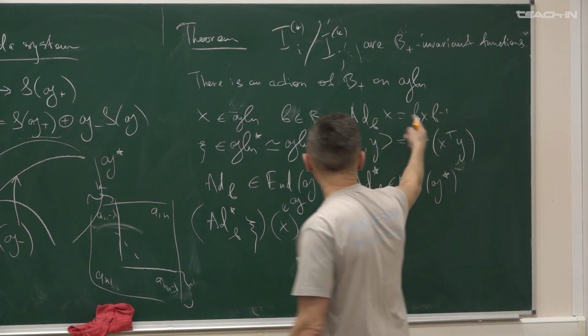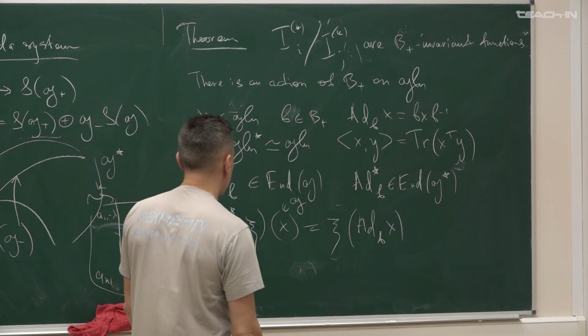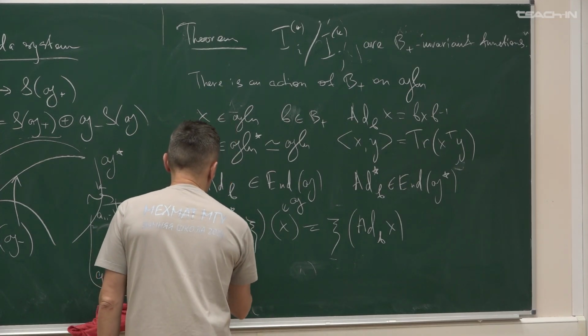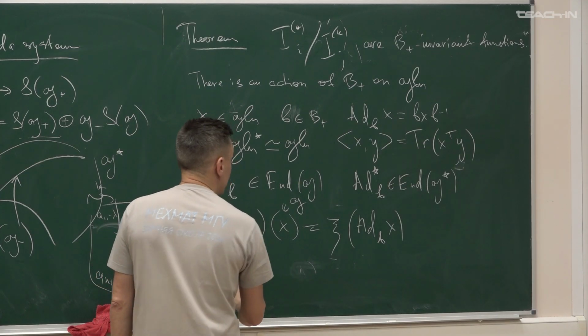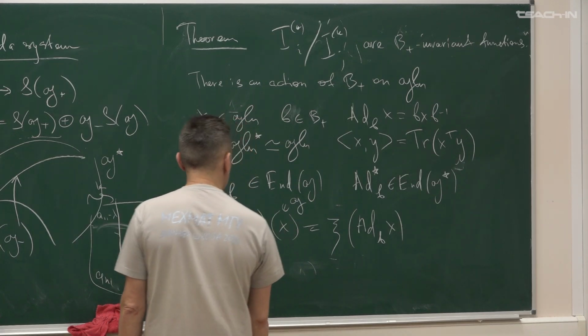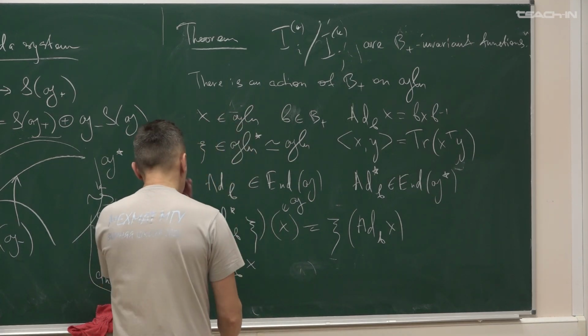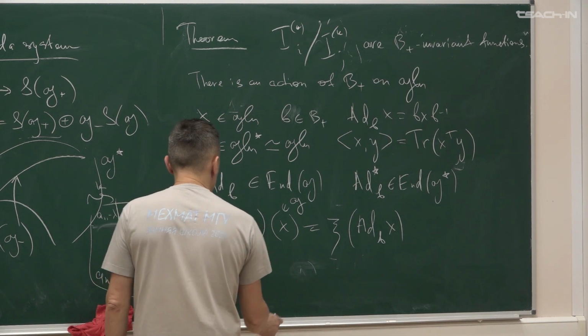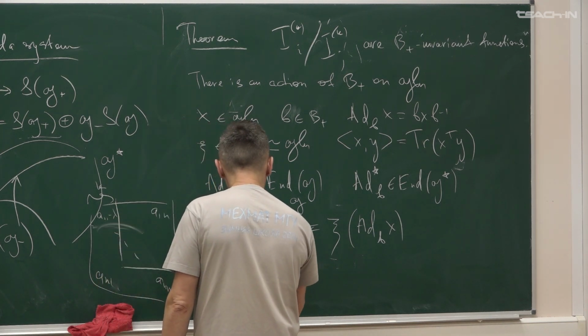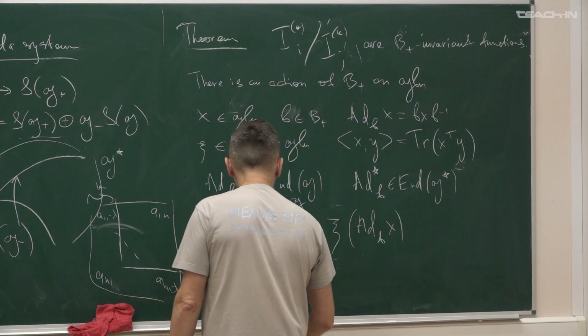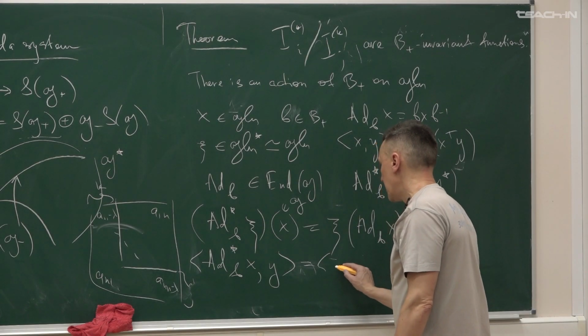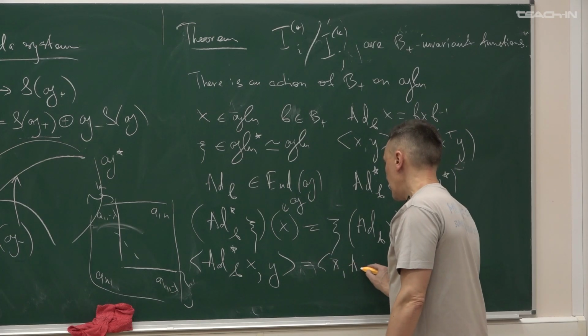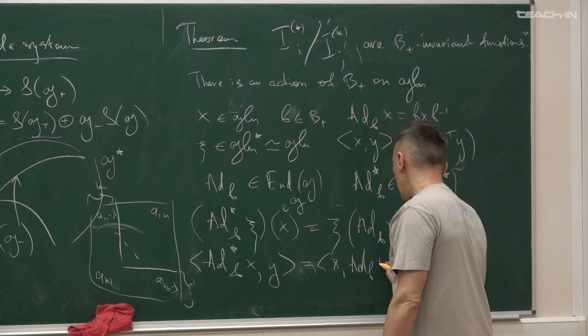And now if we use this identification, then the adjoint action of b on x, y should be x from the adjoint action of b on y.